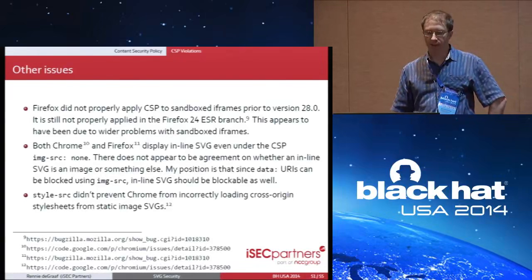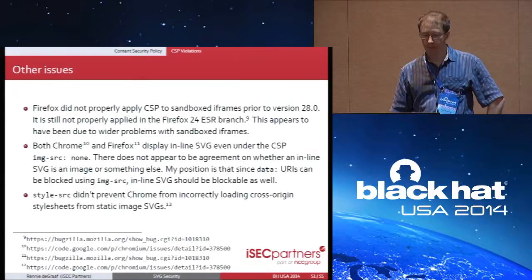Now remember at the beginning I said that you could also drop SVG inline into HTML5. Now both Chrome and Firefox will display those inline SVGs, even if I use CSP to say that images are not allowed from anywhere. There doesn't appear to be an agreement right now between the CSP people and the browser people over whether an inline SVG is an image that should be blockable or whether it's something else that behaves in some other way.